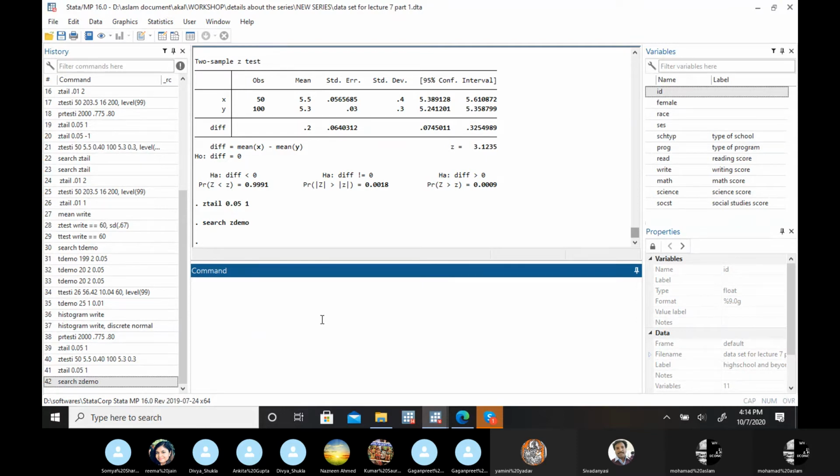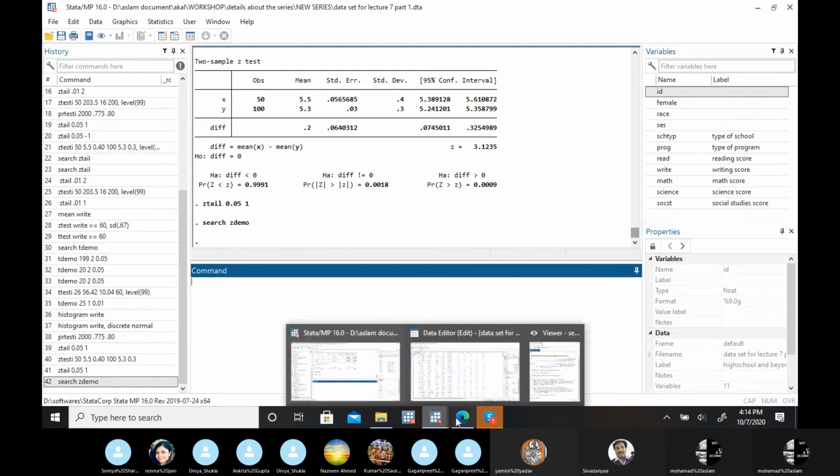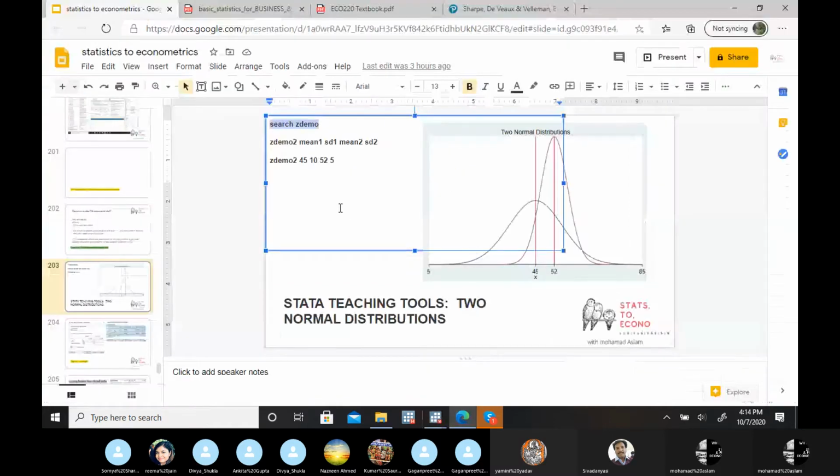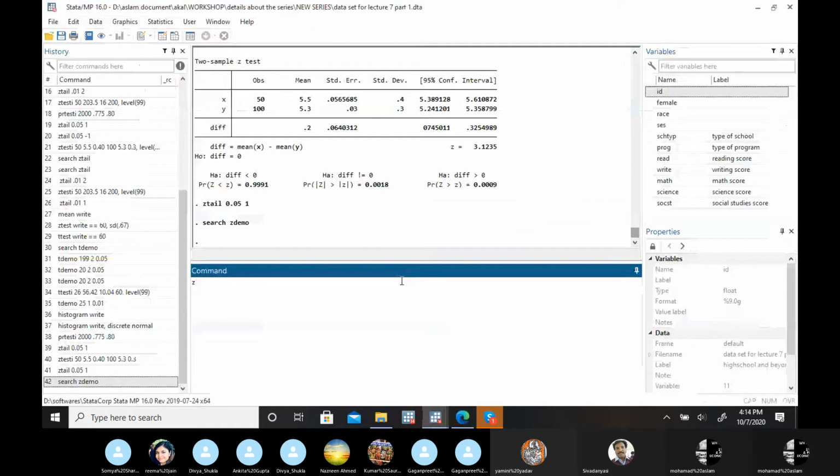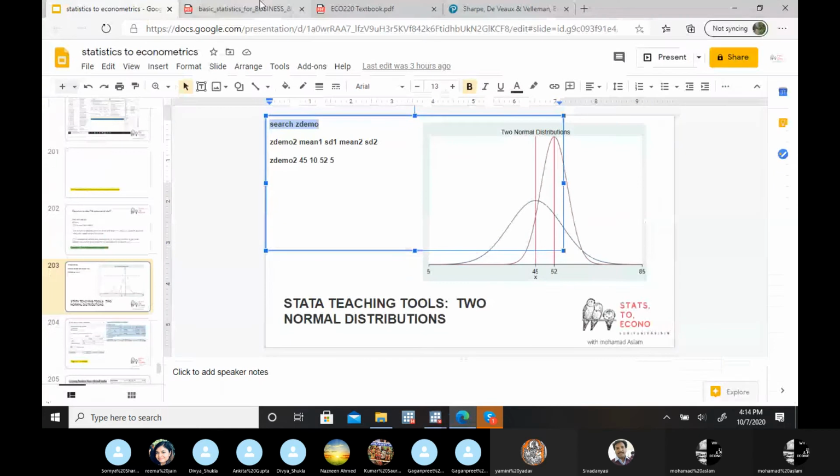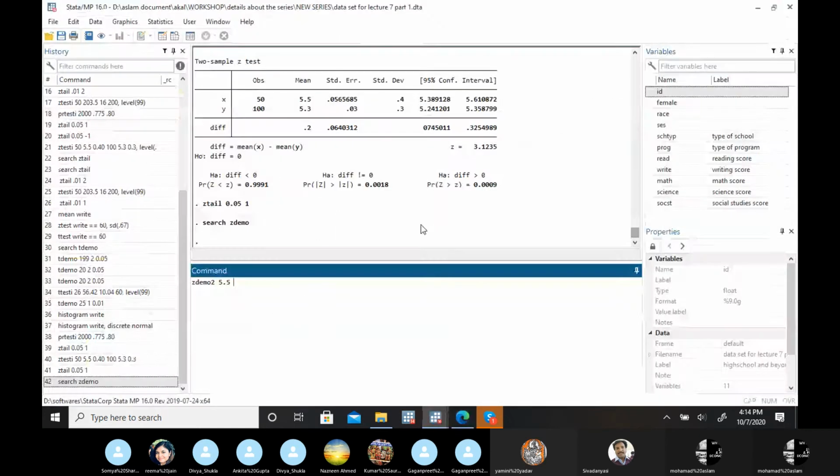I'm just trying to show the distribution of both these samples, right? So if it is installed, then press this command, that is Z demo 2. Now the mean of the first one is 5.5, from the question, and its standard deviation given in the question is 0.4.